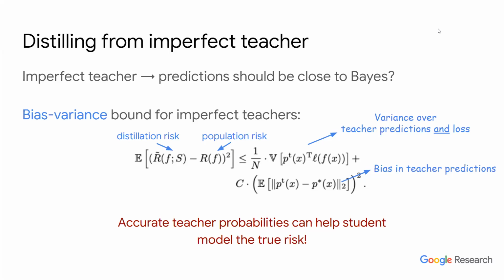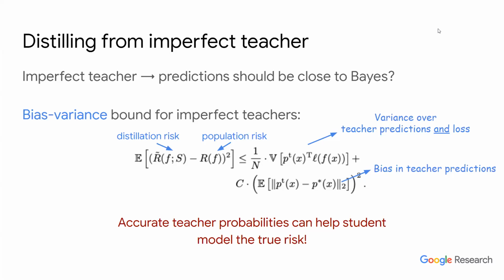When we compute this gap between these two risks, it is bounded by two things. I have some other slides to go over some of the details. Basically, the expected gap between the distillation risk, which comes from the teacher, and the population risk, which comes from the Bayes or the true population, is bounded by two things.